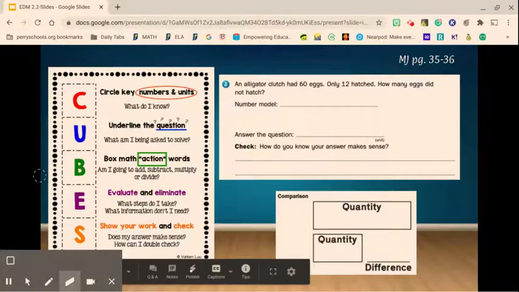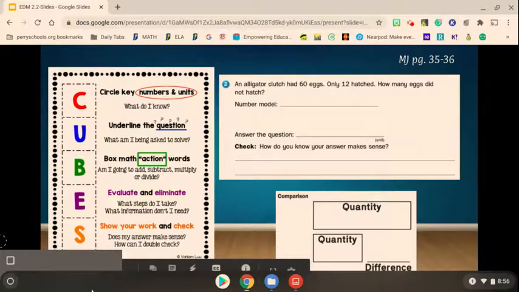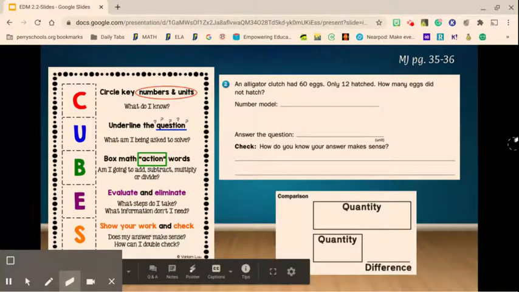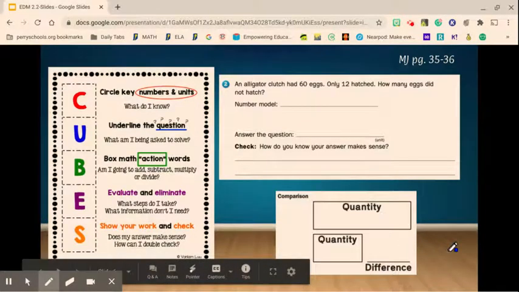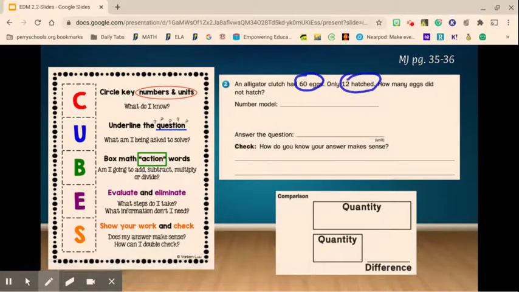All right, for number 2, you are going to read the question. An alligator clutch had 60 eggs, only 12 hatched. How many eggs did not hatch? I'm going to circle my numbers. So I see that there are 60 eggs and 12 hatched. Check that off. Then I'm going to underline the question: how many did not hatch?